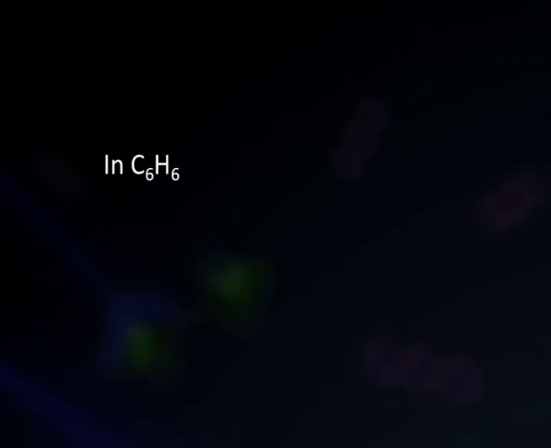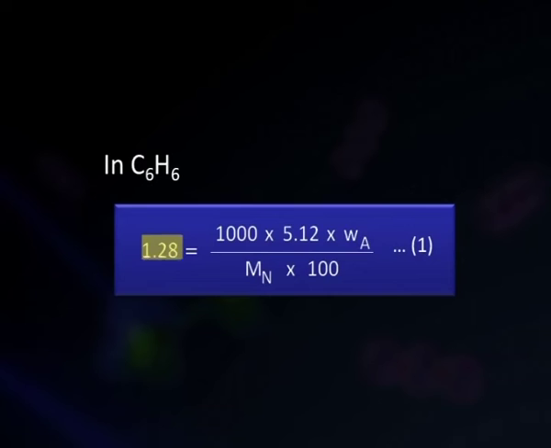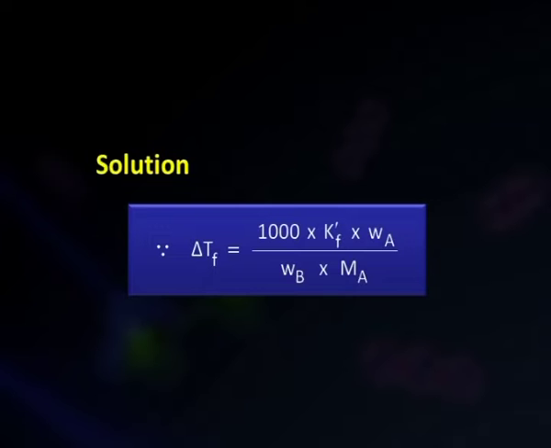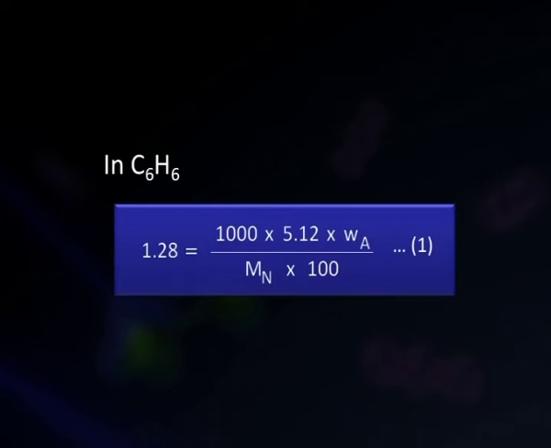In benzene, the molecular mass will be normal, that is delta Tf is 1.28. Putting all the values in the equation, for benzene we will get 1.28 equal to 1000 into 5.12 into Wa upon normal molecular mass multiplied by 100. This is equation number 1.